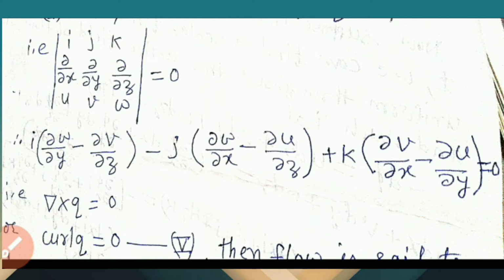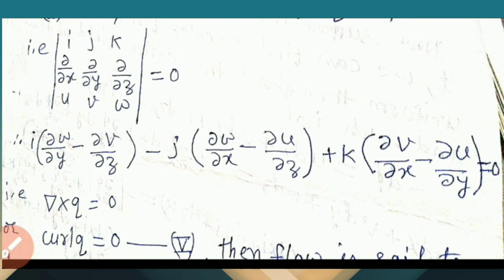Here phi is the velocity potential, and the negative sign is taken as a matter of convention, which shows that phi decreases with increasing value of x, y, z. That means the flow is always in the direction of decreasing phi. The negative sign in the equation q is equal to minus del phi is a convention, and therefore the necessary and sufficient condition of equation 5 holds.